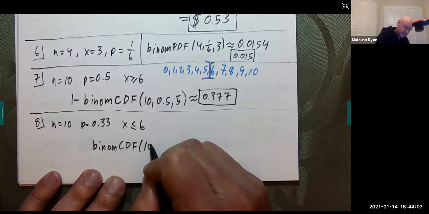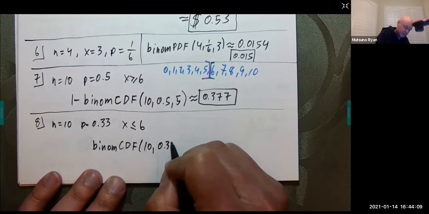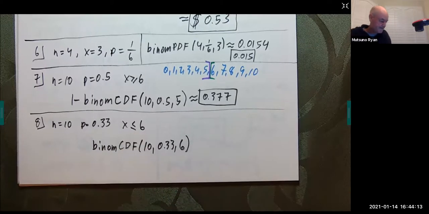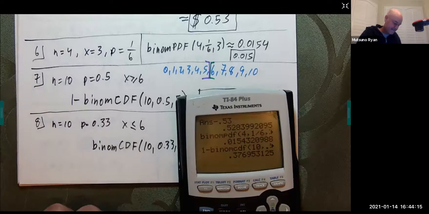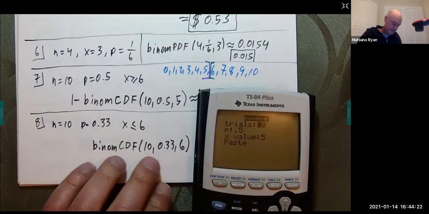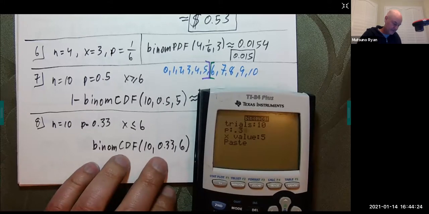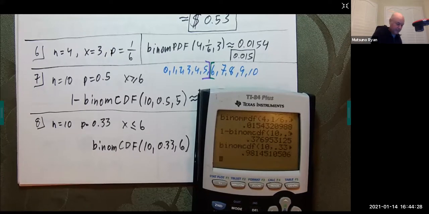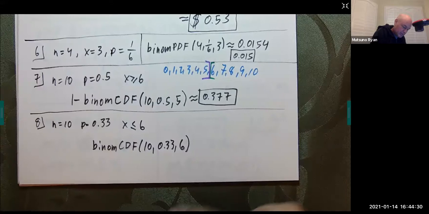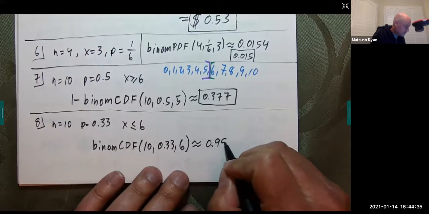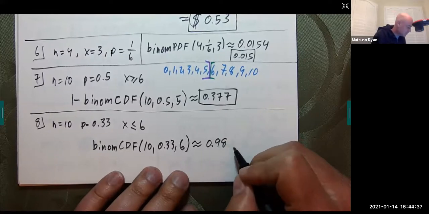N is 10, P is 0.33, and X in this case is 6. 0.98, 3 decimal places, so 0.981.